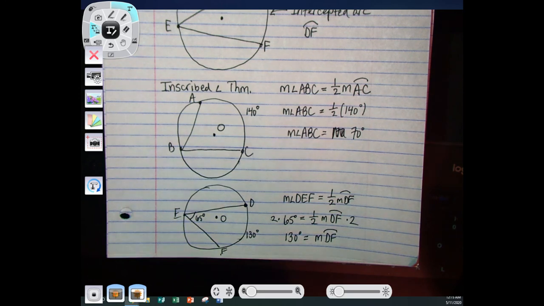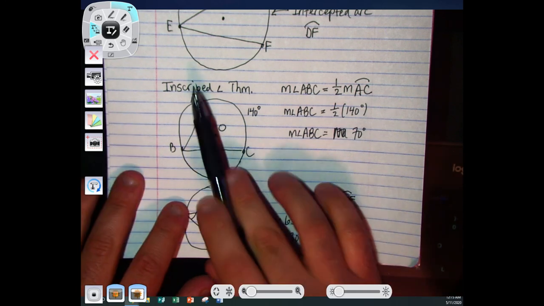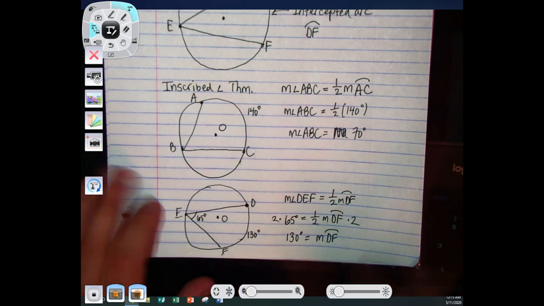Okay. Now, it may get a little bit more complicated than that. In these, I only gave you individual inscribed angles. In other pictures, they may give you more than one inscribed angle.